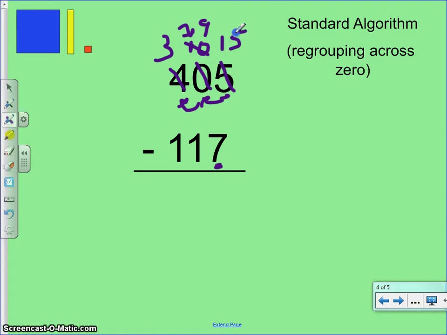Okay? So now I have enough to subtract, and I can just go ahead and subtract. 15 minus 7 equals 8. 9 tens minus 1 ten gives me 8 tens. And then 300 minus 100 is going to be 200. So I have 288.